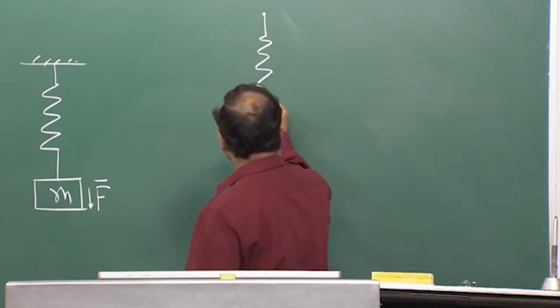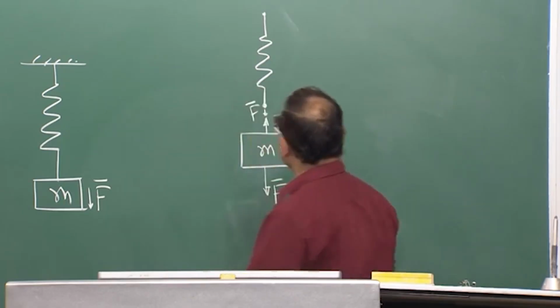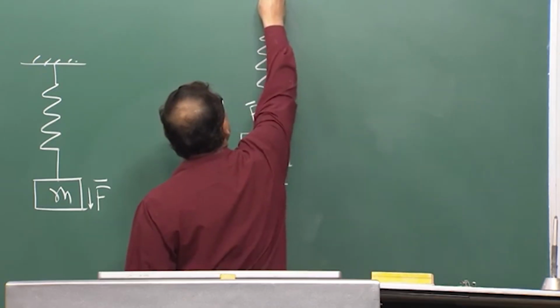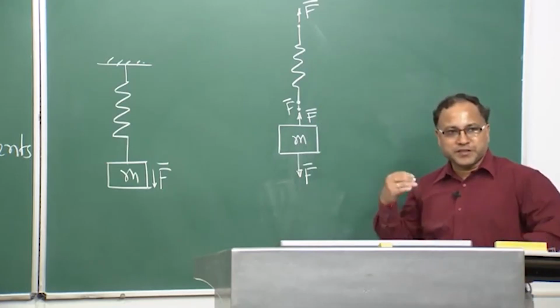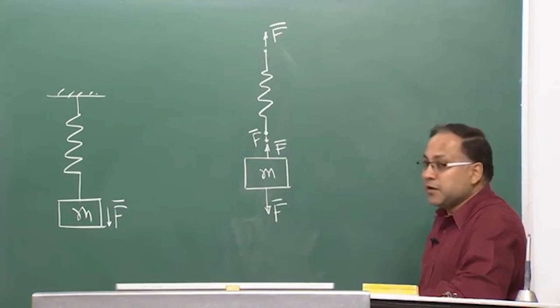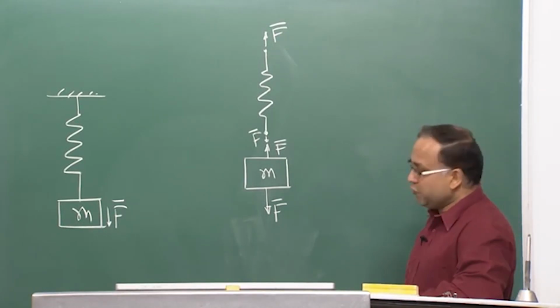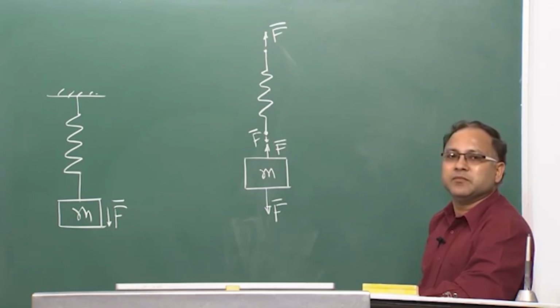The same equal and opposite force must be acting on this point, and the same force F will be acting on this point, because this is again the two force system. So, they should be equal and opposite, right. Now if you want to analyze the system, then basically your analysis is very, very simple.